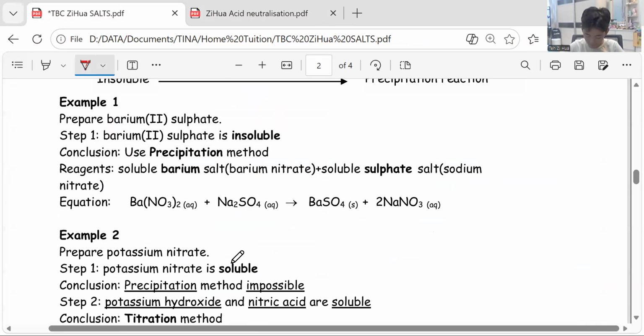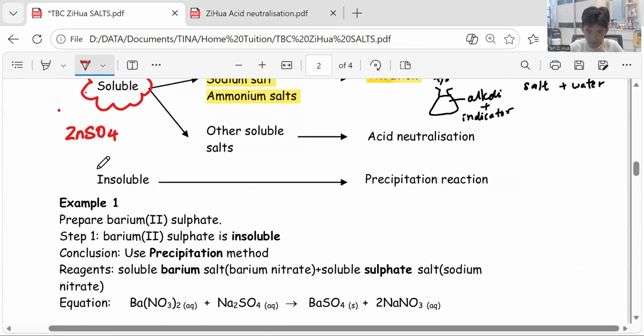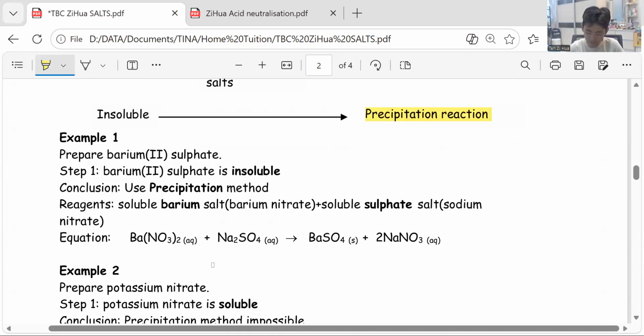So now today we're going to go to the last one. We're going to prepare insoluble salt. The method to prepare insoluble salt is specific. It's called precipitation. In order to do this, we use a soluble salt plus a soluble salt. For example, I want to make barium sulfate.